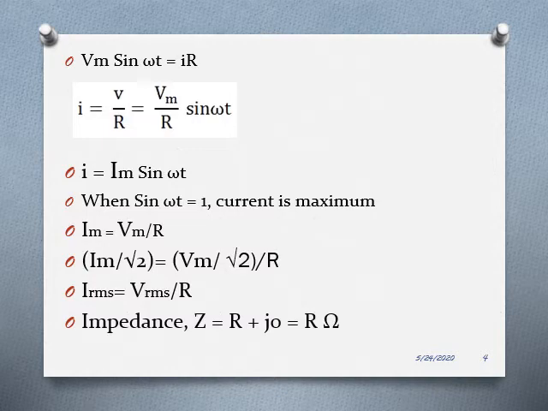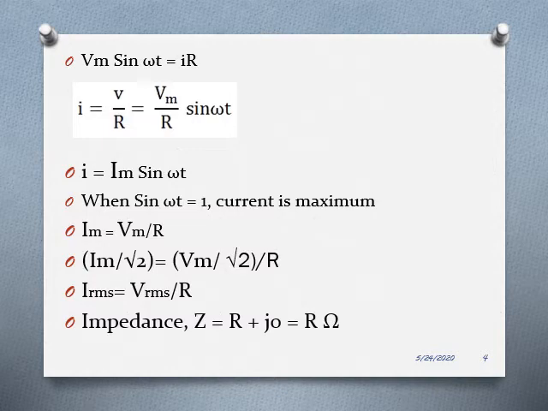Vm and R are constant values. So Vm divided by R is nothing but Im, the maximum value of current. So if you substitute Vm divided by R as Im, you will get the instantaneous value of current I is equal to Im sin omega t.